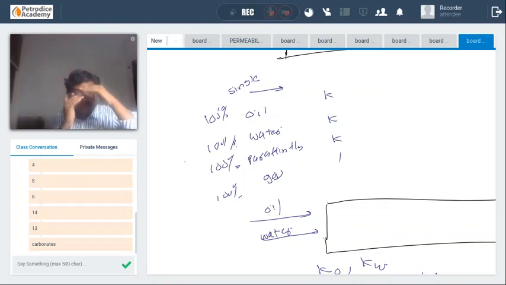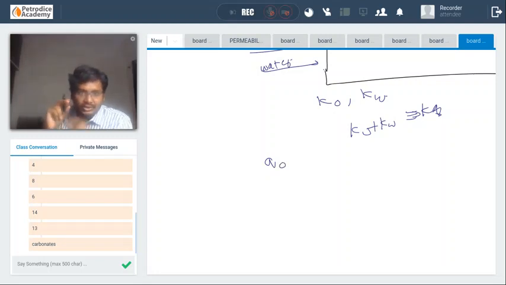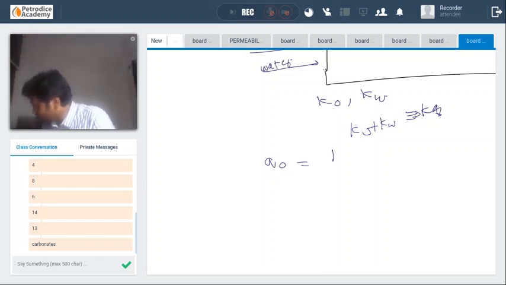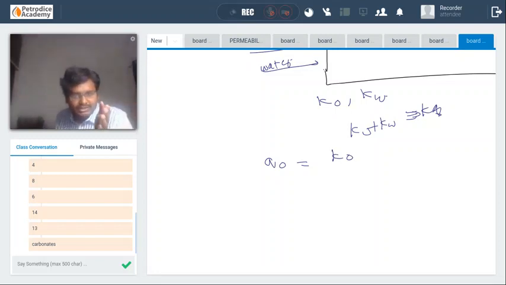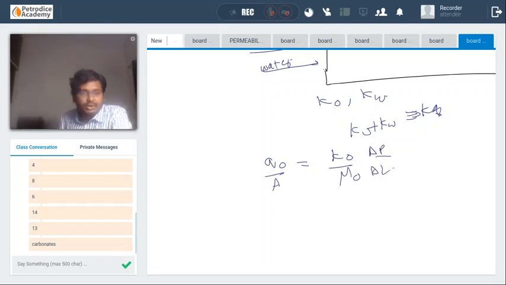We will separate both the fluids in the formation. We will assume the oil is flowing at one rate and the water is flowing at another rate through the same formation. And to find the flow rate, when you are assuming a single fluid, the effective permeability is defined as Qo divided by A, Ko divided by the viscosity of oil, delta P by delta L. This is how the effective permeability of oil is defined.